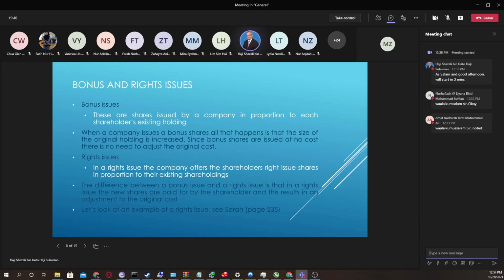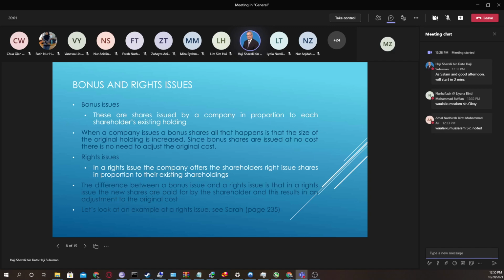So your shareholding percentage decreases. But with a rights issue, you have to pay for it. So the difference between a bonus issue and a rights issue is that in a rights issue, the new shares are paid for by the shareholder, and this results in an adjustment to the original cost.